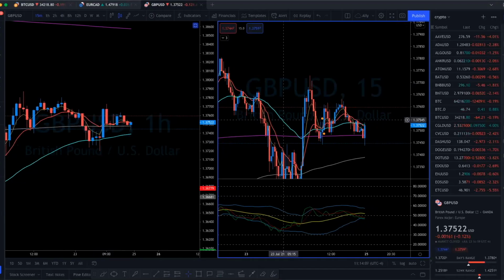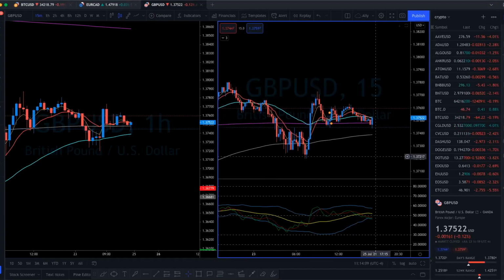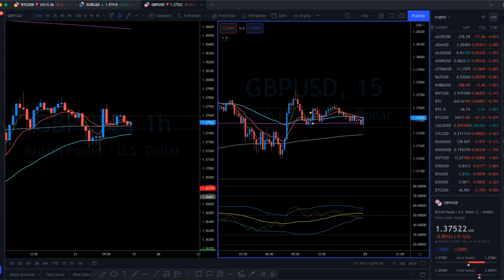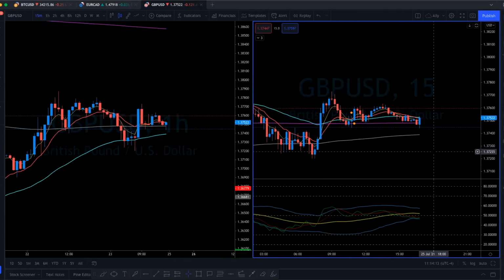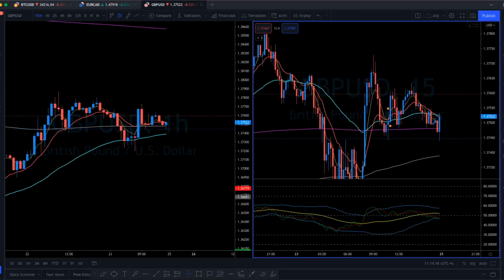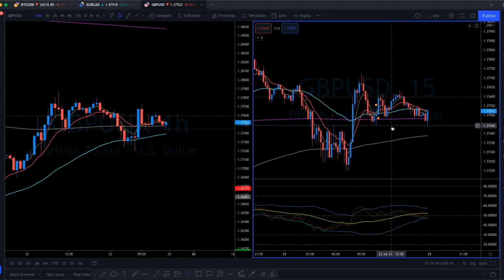All right, so this is pound. This is what pound USD would look like on the right. This is what it would look like here on a 15-minute chart, right? So on a 15-minute chart here, look at where the 200 is right here, right? So the 200 is basically above price.